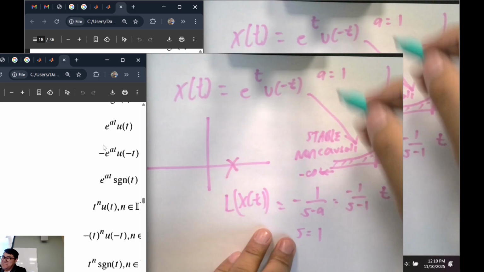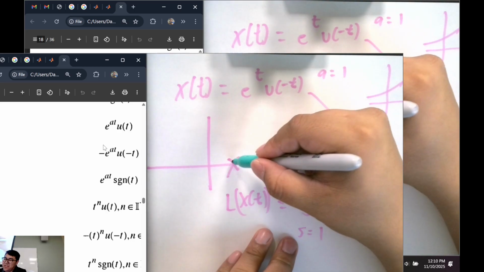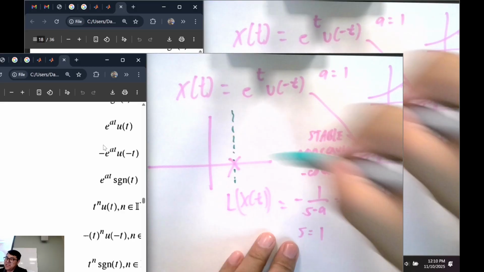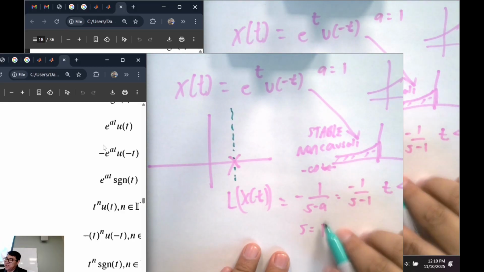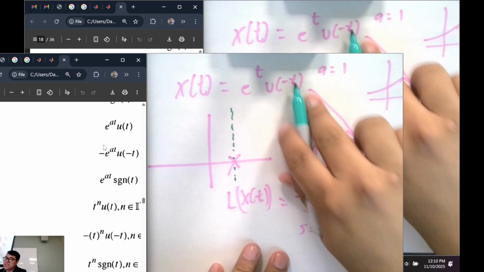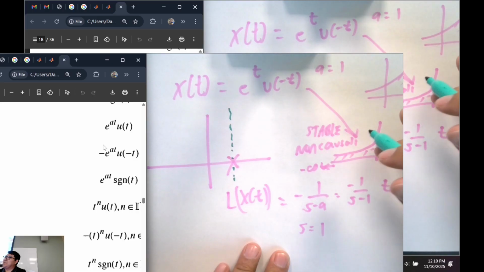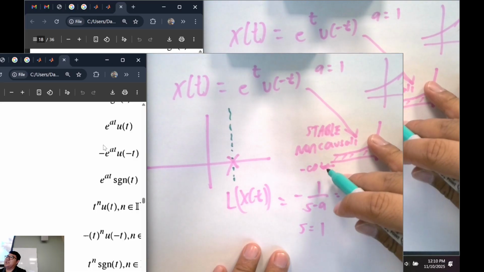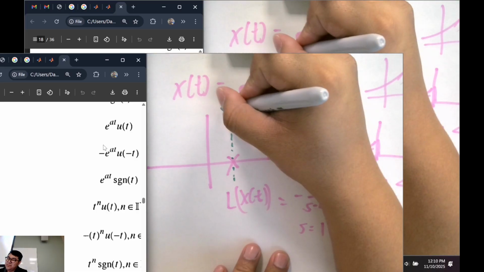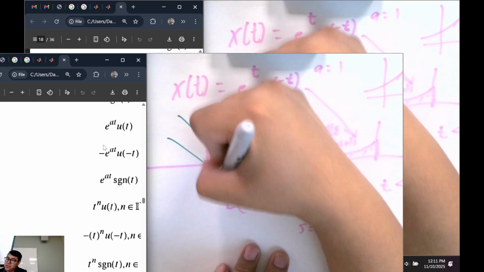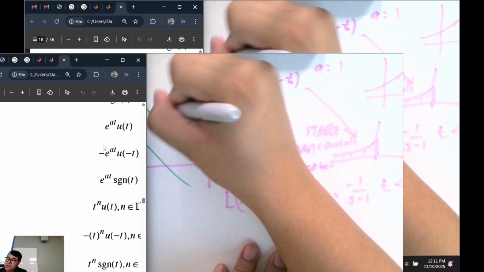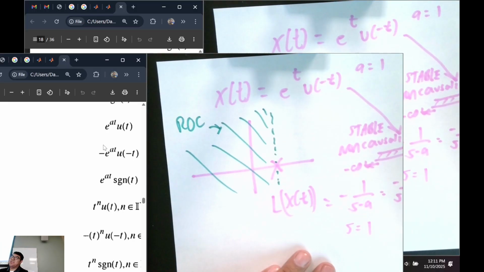If I were to draw our imaginary axis, technically for this example, it's stable but non-causal, correct? My region of convergence is going to be this part right here. Does that make sense?